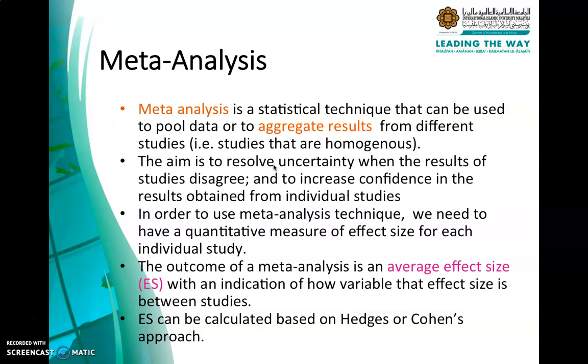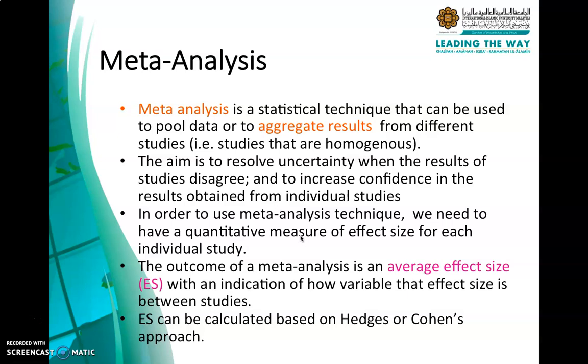In order to use the meta-analysis technique, we need to have a quantitative measure of each effect size. Here we are talking about the effect size for every study. And when I say every study, I'm referring to quantitative studies, mostly experimental-based studies, like a formal experiment or controlled experiment.